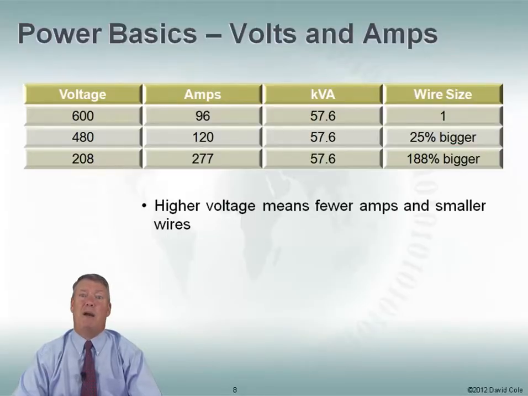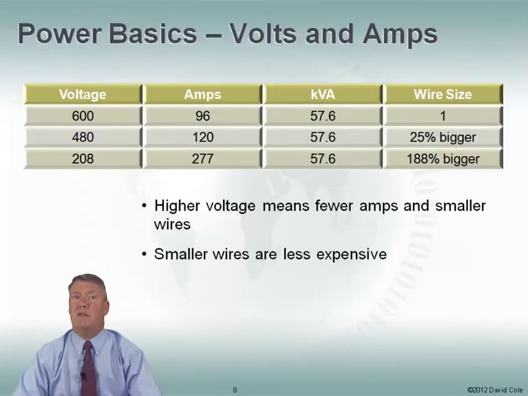But look at the size of my wire now. It has to be 188% bigger. So higher voltage means fewer amps and smaller wires. Okay, there's a relationship between the number of amps and the size of our wires. Smaller wires, less expensive, right? Less copper that I need to buy to make that wire. So we need to start getting into our head that we would like to have smaller wires, so less amps.